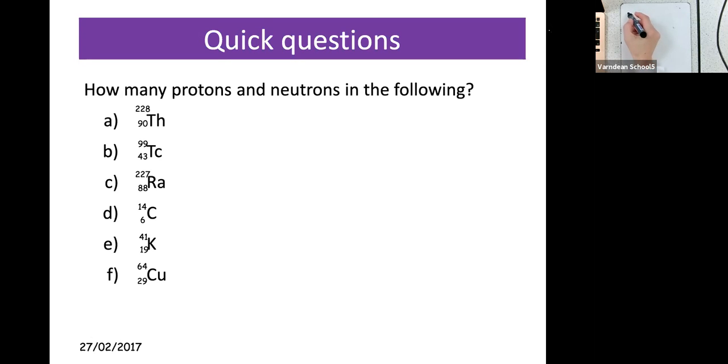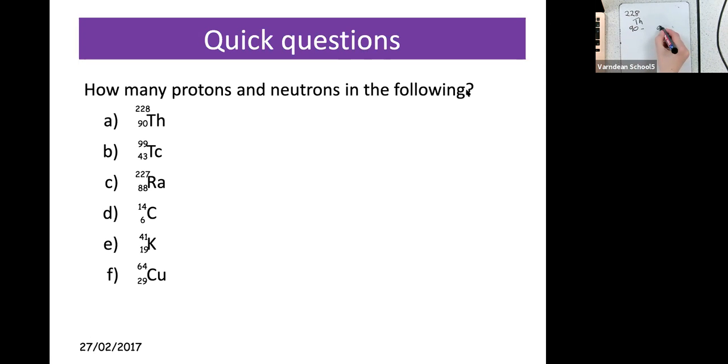But what I wanted to talk about was this, because if we can't do this, the next part is a little bit difficult. So it said how many protons and neutrons in this. Okay, so how many protons is the bottom number?